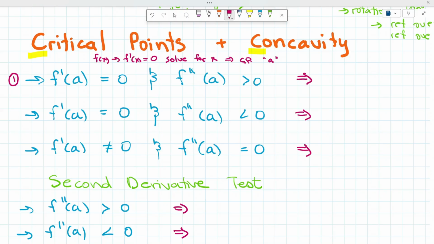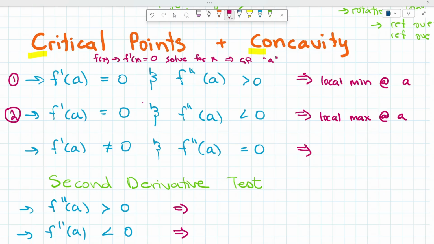So if A is a critical point of f, and we see that the second derivative at A is greater than 0, that means that we have a local minimum at A. And the second situation is if we have a critical point of f and the second derivative is negative, so that it's less than 0, that means that we have a local maximum at A. So we have a critical point.